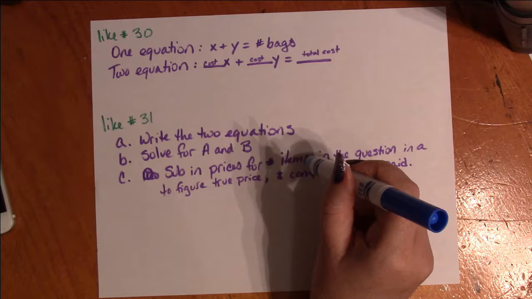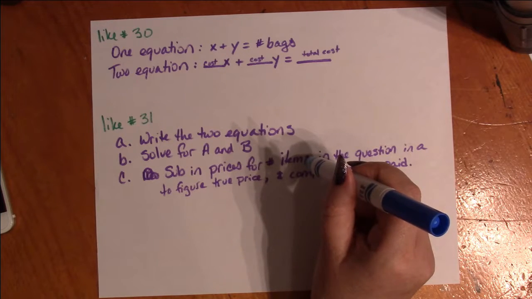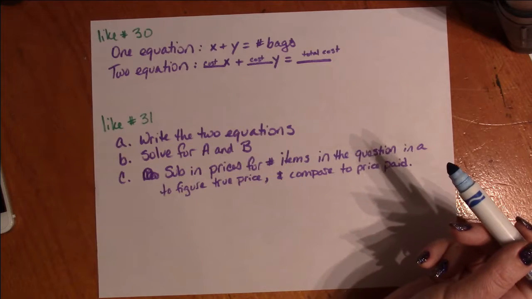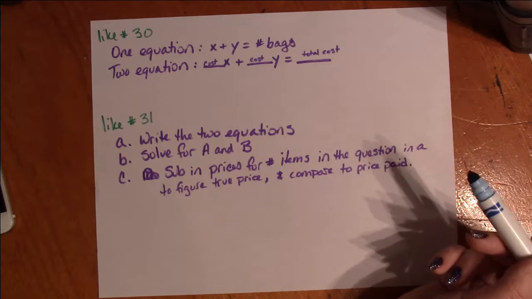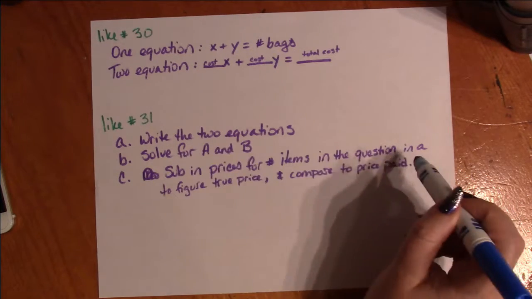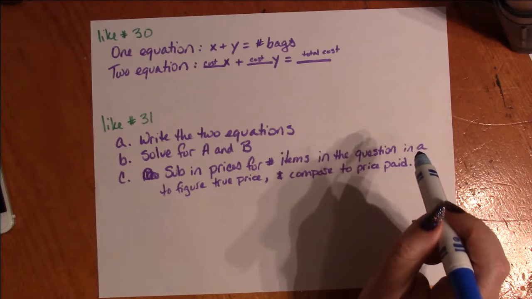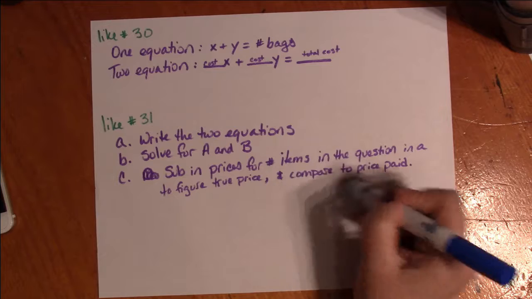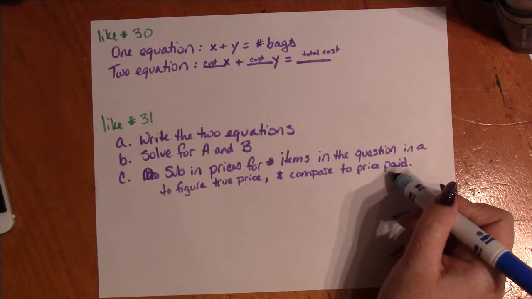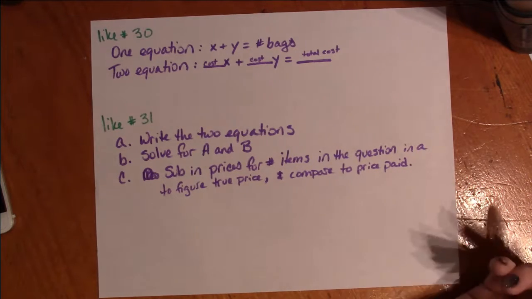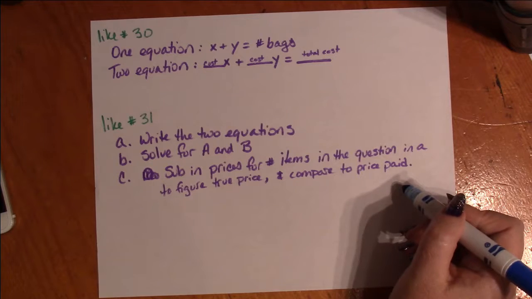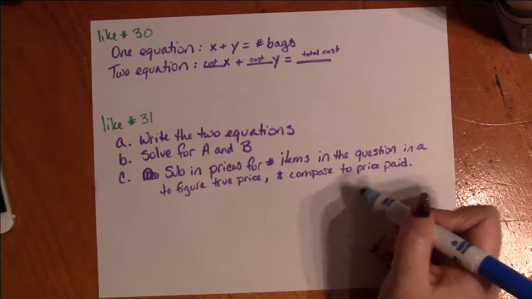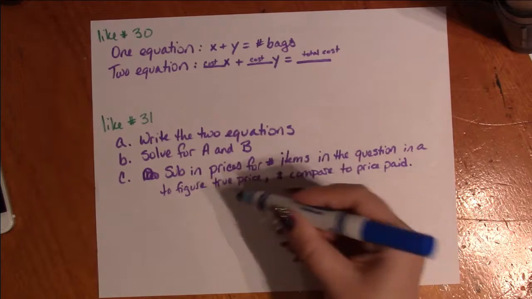If there are 3 items on shelf A, and the stuff on shelf A is normally $6 each, 3 times 6 is 18. So you're going to figure out what the stuff on each shelf really costs, and then you're going to compare that to the price they actually paid, because they were getting a deal because it was a package. So you're going to figure the true price, you're going to compare it to the price they paid, and you're going to tell them how much you saved on each plan.